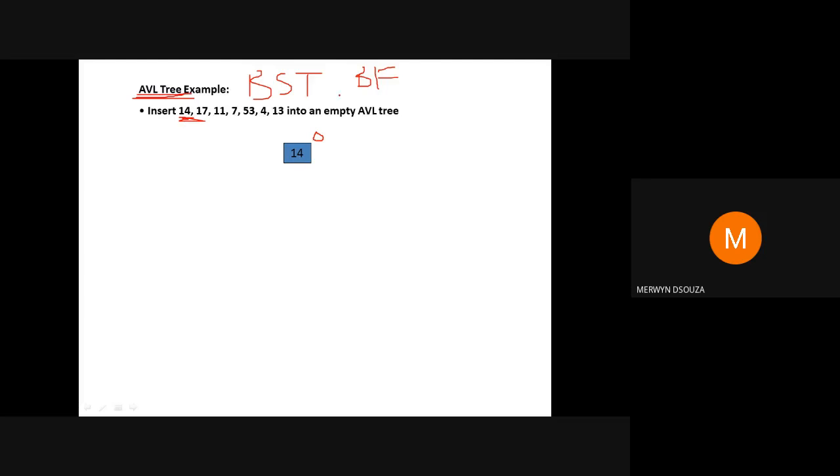So 0 is a proper balance factor value; it falls in the proper values of +1, 0 or -1. When it is proper, you go for the next insertion. So you take 17 and insert it into the tree. Since you're constructing a binary search tree, 17 will be inserted on the right side of 14.